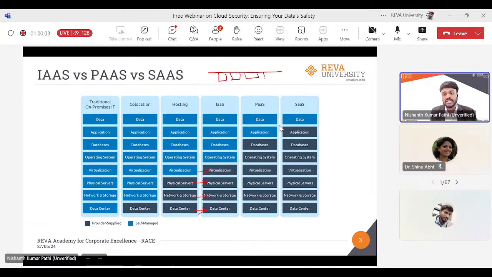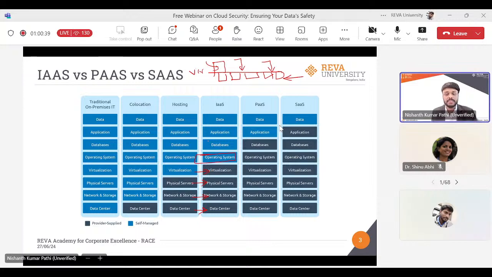You see these boxes. Let's say these are your hardware boxes. Once the virtualization layer is taken care of, the provider will provide it in such a way that you don't care about the underlying infrastructure hardware. You only care about what amount of compute power you need. That will be taken care of by the provider. You just need to request that you want maybe 1 terabyte of RAM, and the provider will give you the hardware. So on top of this virtualization layer, you install your operating system.